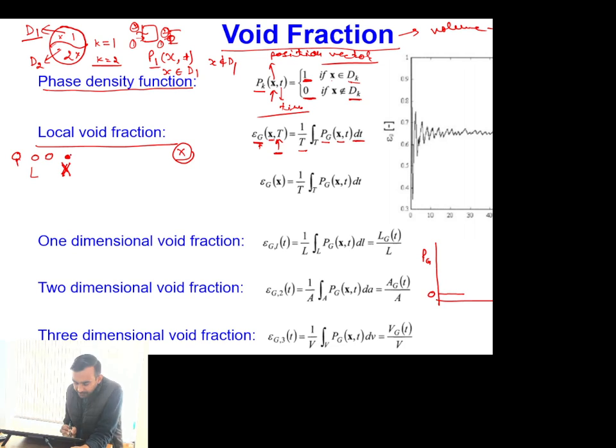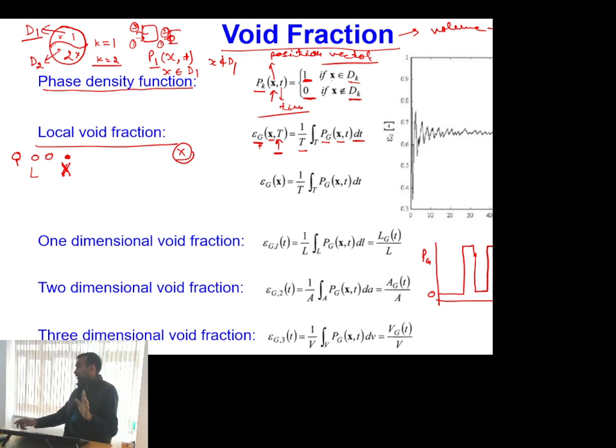Whenever the first bubble crosses this location, p of g will become 1, and when this first bubble has crossed, the liquid behind it will come, then again it will become 0, then again 1, 0, 1, 0. So like this it will keep on changing. Are all clear with this point?